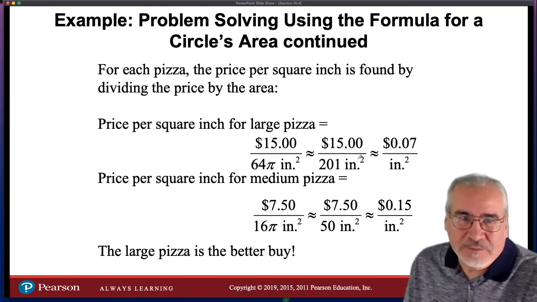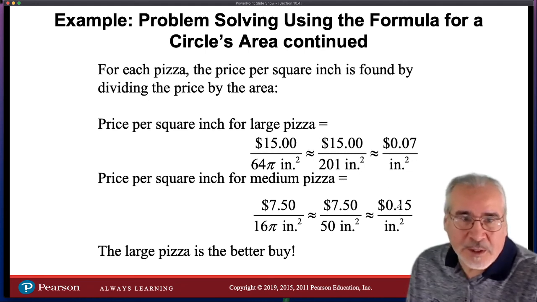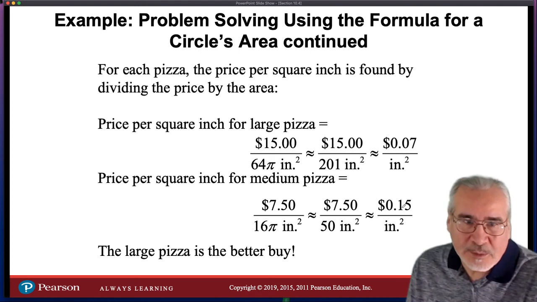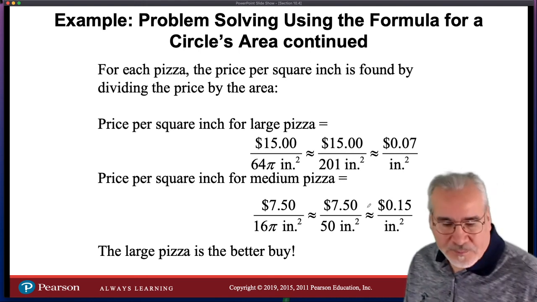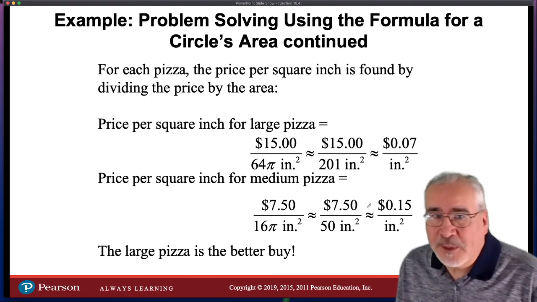Of course, again, there's the labor part of it, but with the ingredients, you're going to use more ingredients. That's 201 square inches versus 50 square inches. Take the dollars divided by the area, and this is costing about 7 cents a square inch, and this is costing about 15 cents a square inch, about twice as much. So as far as pizza for the dollar, the large is better.